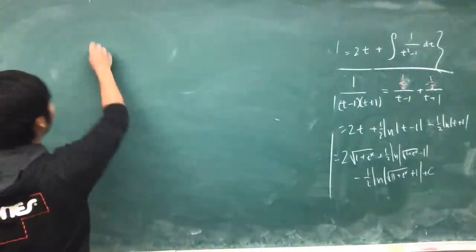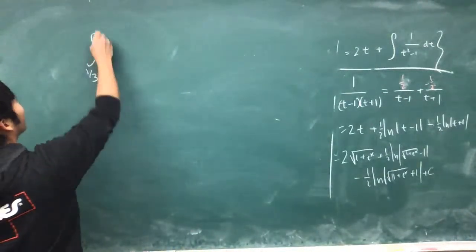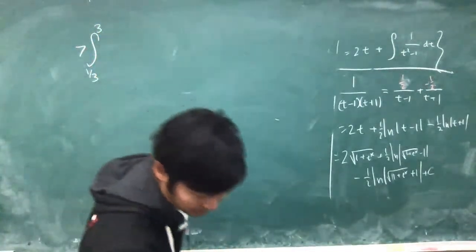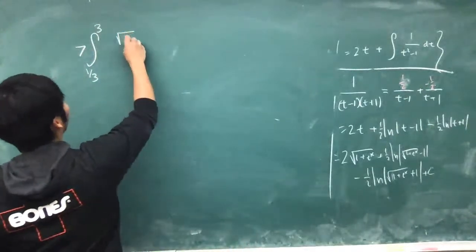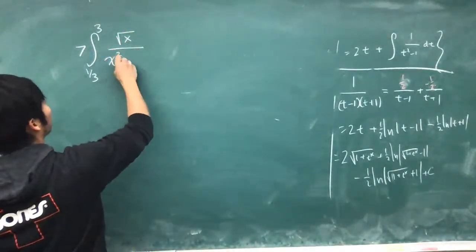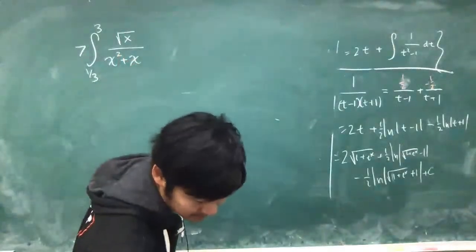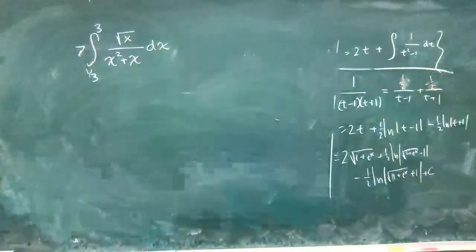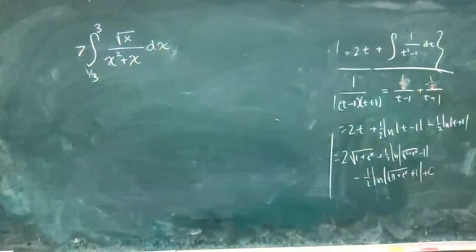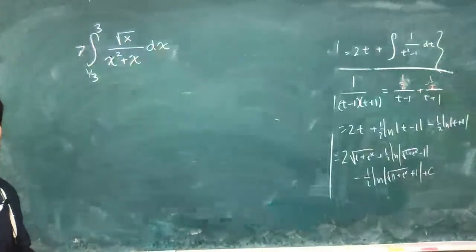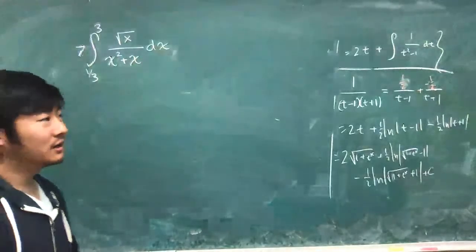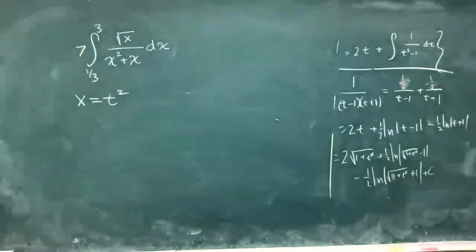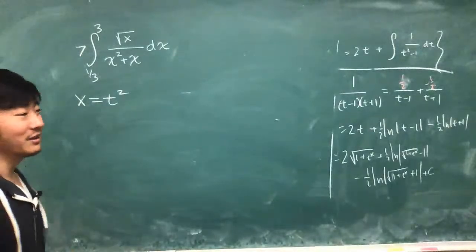So it's the integral from 1/3 to 3 of 7 root x over x squared plus x dx. So this one, I think, should be the same trick. If you let x be something squared, then something good should happen, but I'm not really guaranteeing anything. So it might work, it might not work.